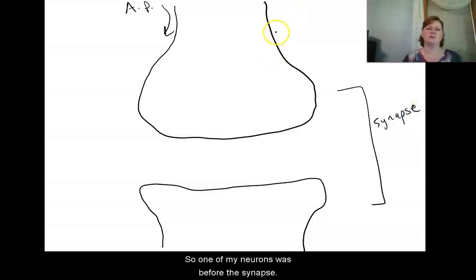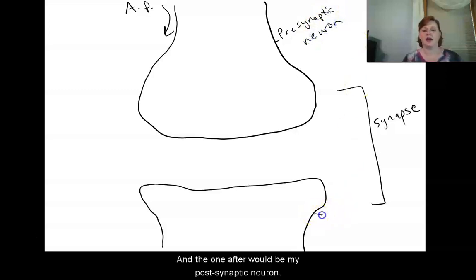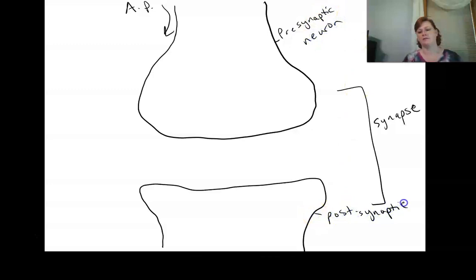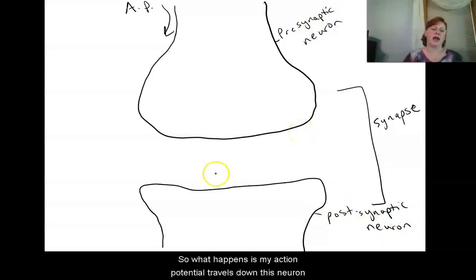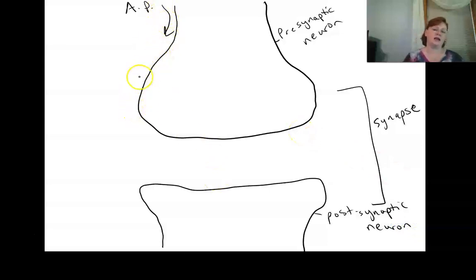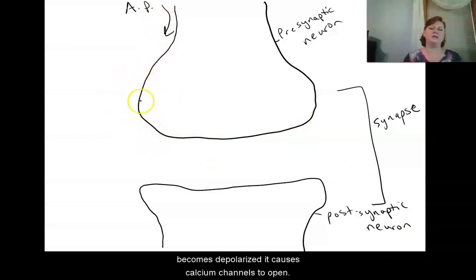So one of my neurons is before the synapse, so this would be my pre-synaptic neuron, and the one after would be my post-synaptic neuron. So what happens is my action potential travels down this neuron, and when this part of the membrane at the synaptic knob becomes depolarized, it causes calcium channels to open.